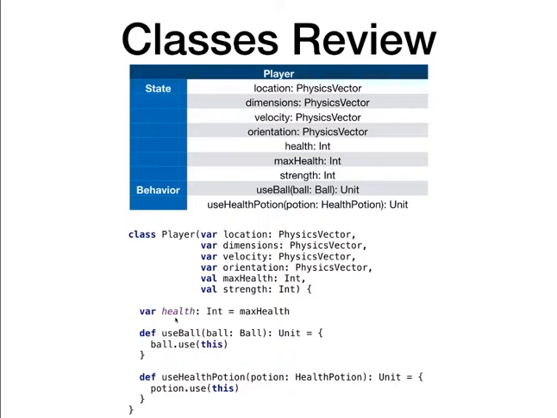It's just always going to be initialized to their max health. So we're going to put that outside of the constructor. Instead of having the caller set max health and initial health separately, we're going to always say you start at full health. We could also pull a few other of these out. If we always want the velocity and orientation to be 0, we can do that too.